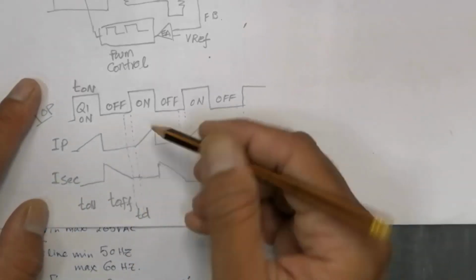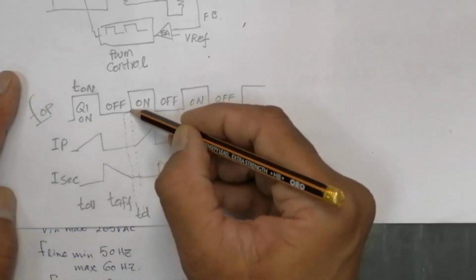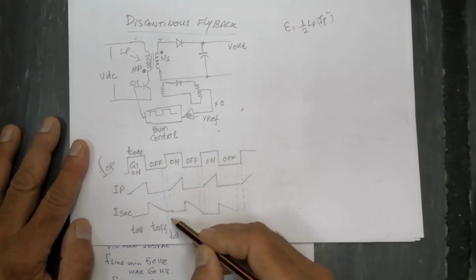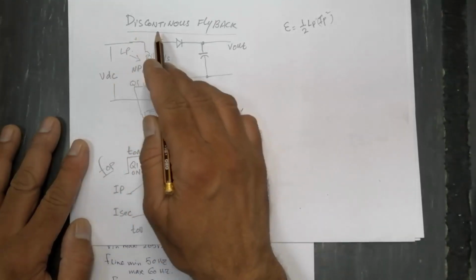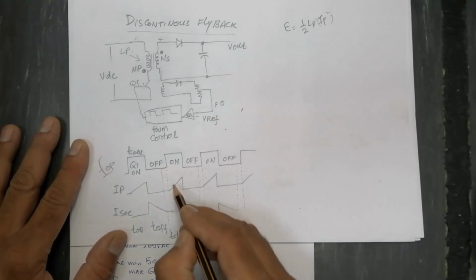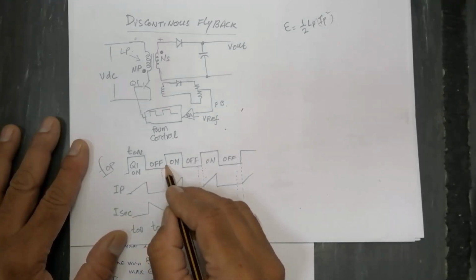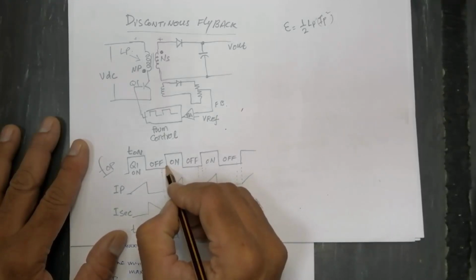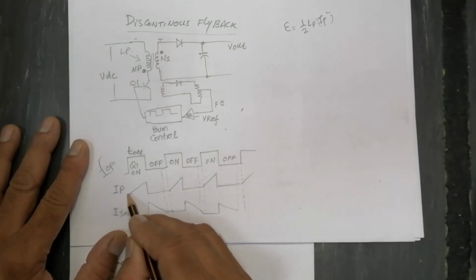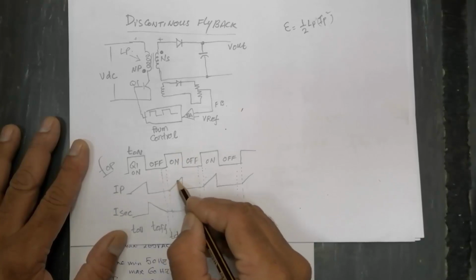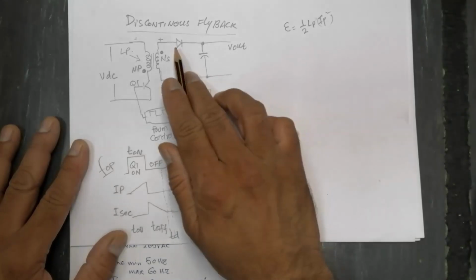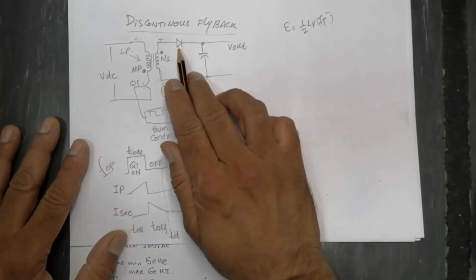This dead time is allowed before starting the next switching cycle, a time allocated in discontinuous flyback before the next cycle starts. Then Q1 will start from this point and the primary current IP will build again. At that time the secondary has no voltage because the diode is reverse biased.